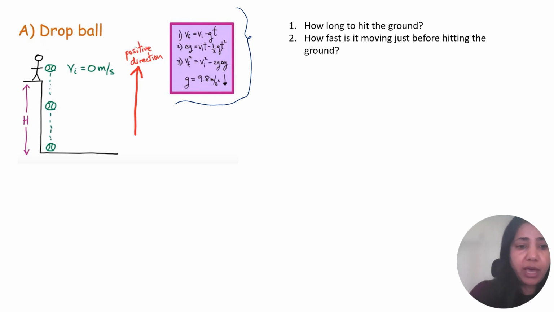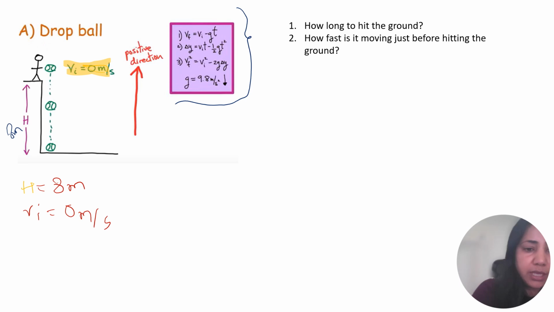Suppose the height of the building is 8 meters, so h is 8 meters. During this drop, the initial velocity of the ball is 0 meters per second. So what is given to us: h equals 8 meters, and vi equals 0 meters per second.